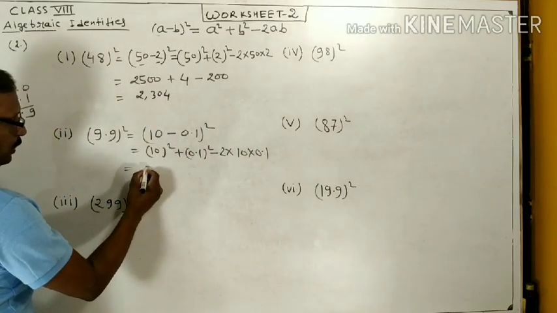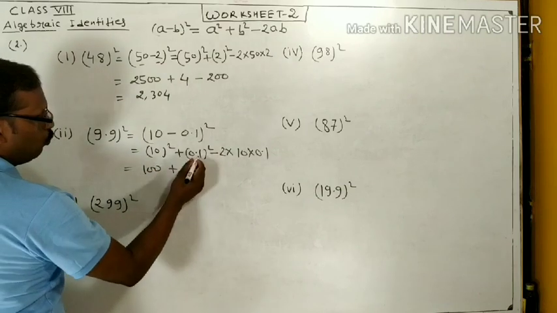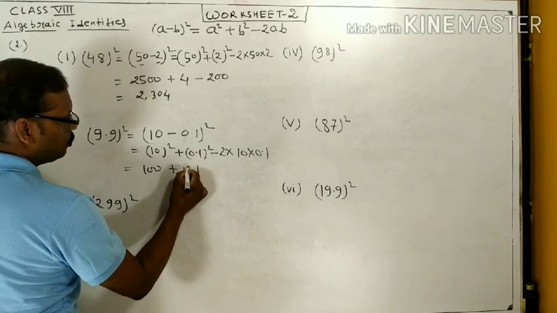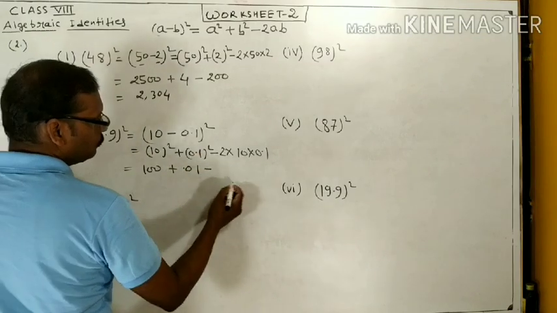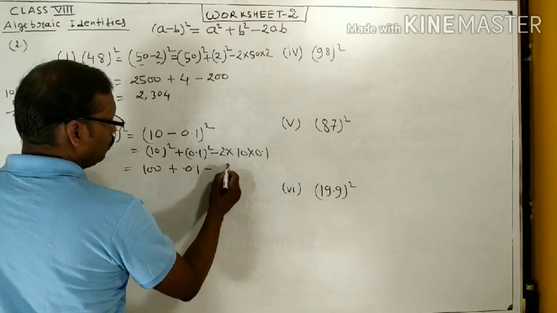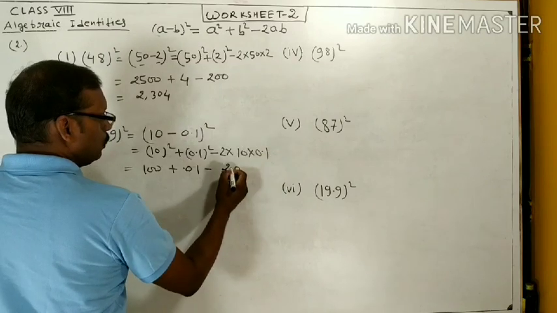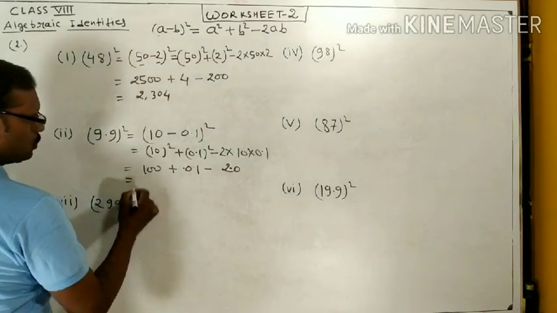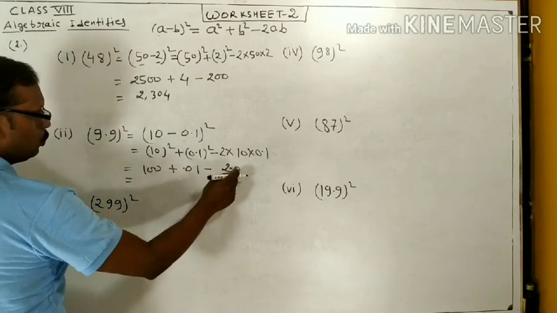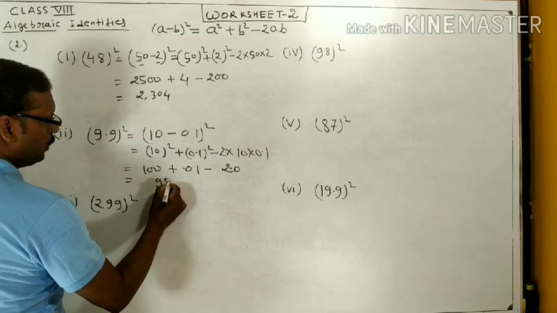So 10 square means 100, plus 0.1 square, 1 square is 1 and we put the point after 2 digits, 0.01, minus 2 into 10 into 0.1: 2 tens are 20, 20 into 1 and we place the point after 1 digit, 2.0. So it is 100 plus 0.01 minus 2.0. 100 minus 2 is 98, so 98.01.